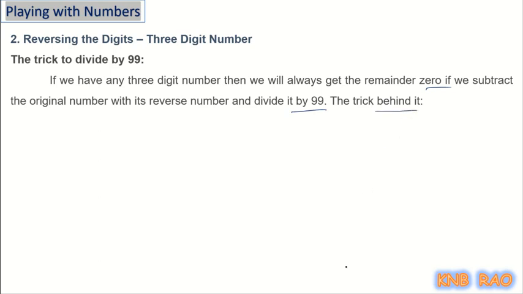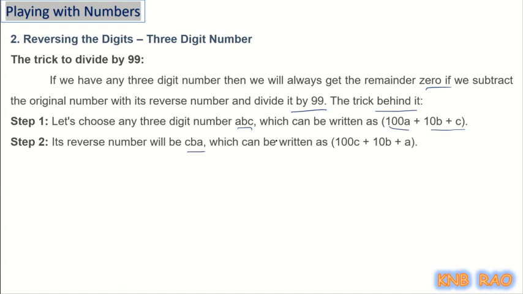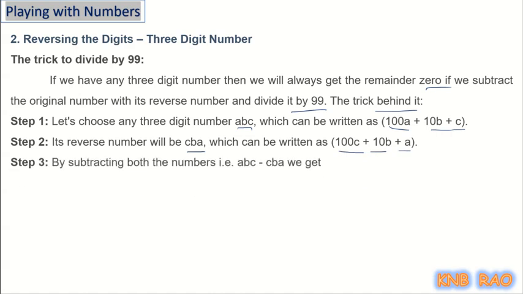The trick behind it is, let us choose any 3 digit number as ABC, thus 100A plus 10B plus C, and after reversing it we will get CBA, which in generalized form is 100C plus 10B plus A. Their difference, ABC minus CBA, gives you 99 times (A minus C). Surely this is divisible by 99 because 99 is one of the factors.